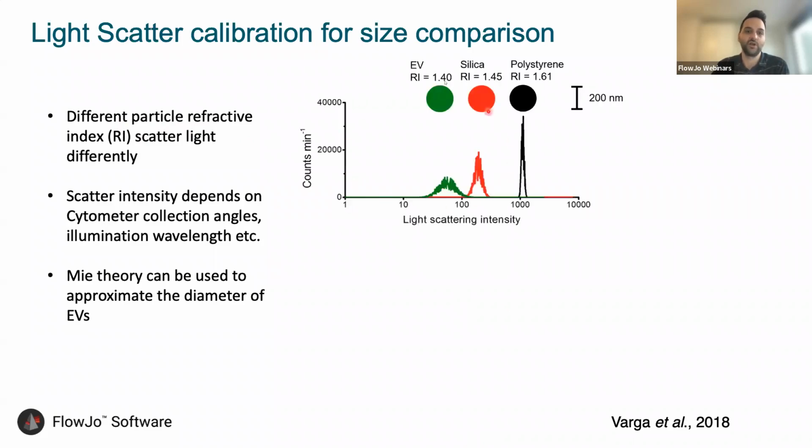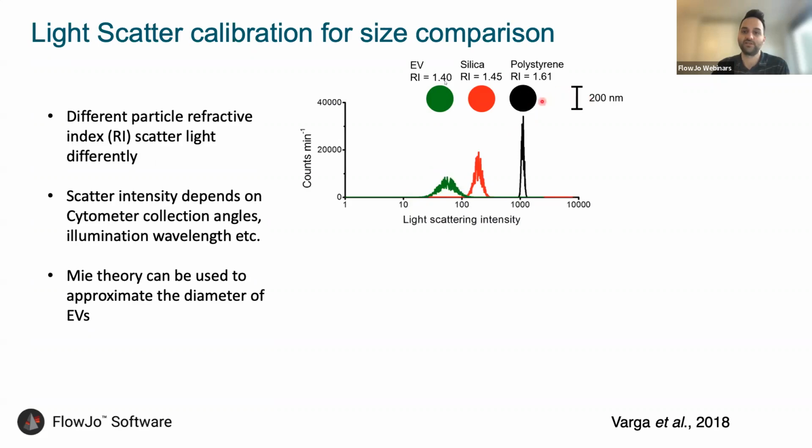So let's take another example here. Here we see that EVs, extracellular vesicles, have a refractive index of approximately 1.4 and scatter less light than polystyrene beads of the same size.